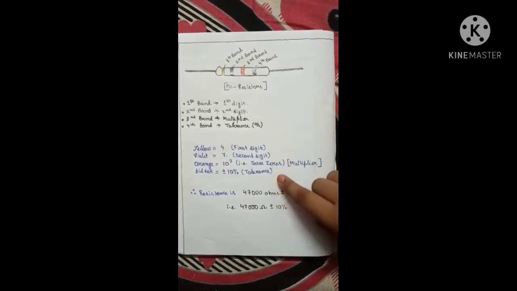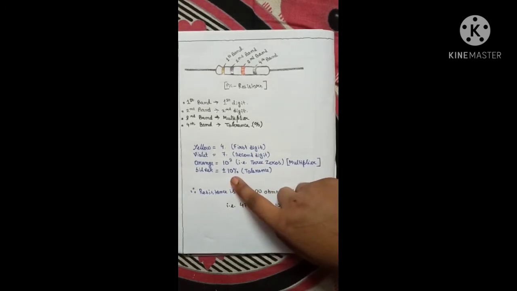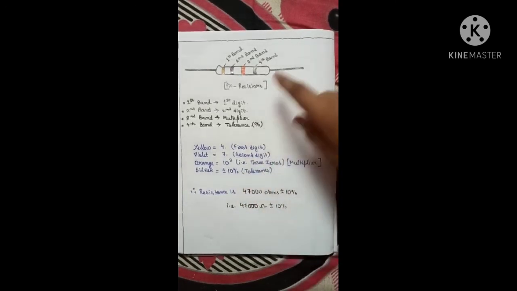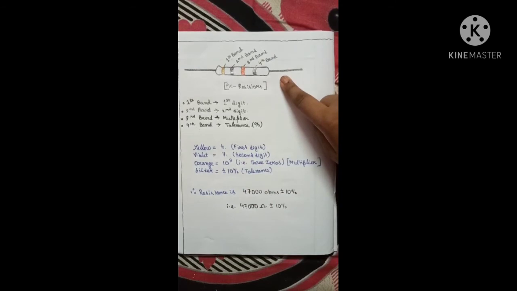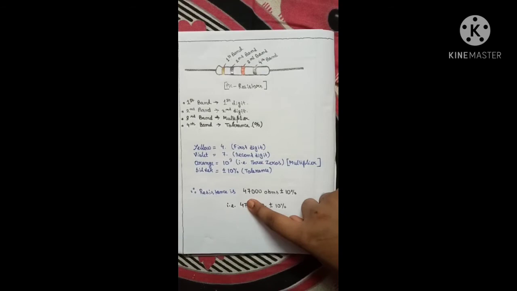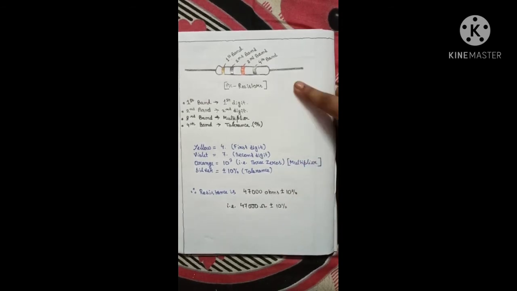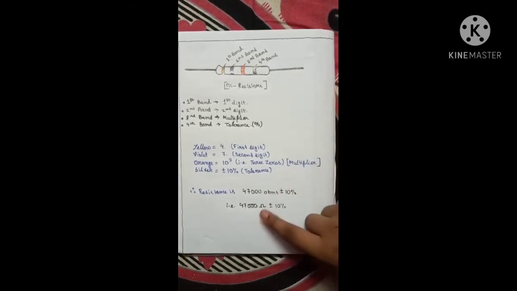According to the color code chart, silver is plus minus 10%, that is the tolerance of this resistor. Therefore the resistance is 47,000 ohms plus minus 10%. Here 10% is the tolerance of this resistor, and this is the symbol of ohms.